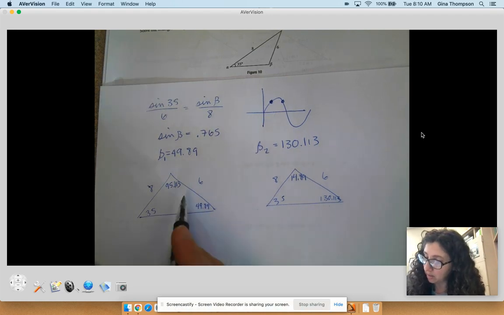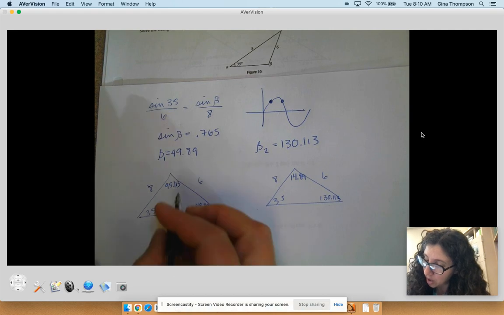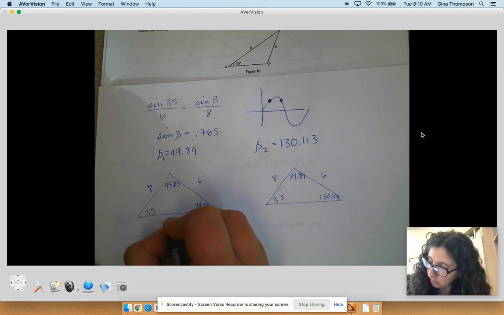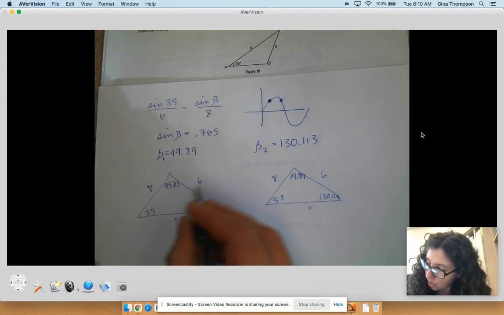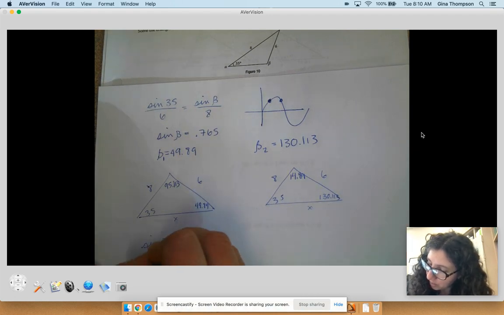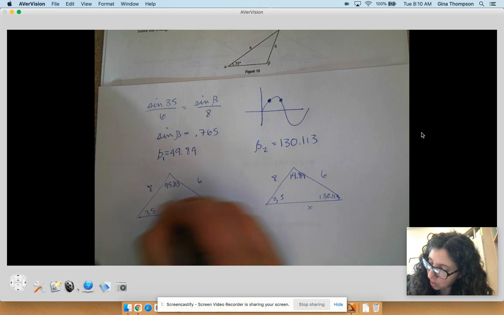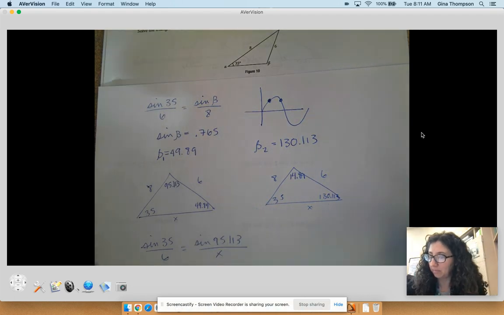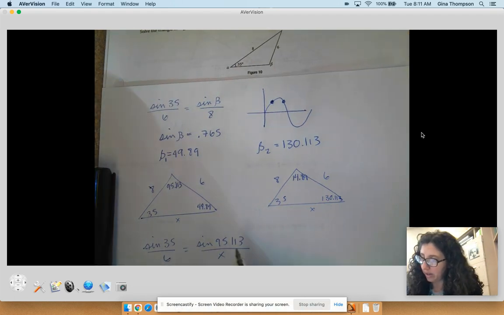So let's do it. We can use the law of sines again. They didn't give us the name of that side, so let's call it x. So sine of 35 divided by 6, we'll use this ratio, equals sine of 95.113 divided by x. And so that means that x is going to equal sine of 95.113 divided by sine of 35 times 6, right?